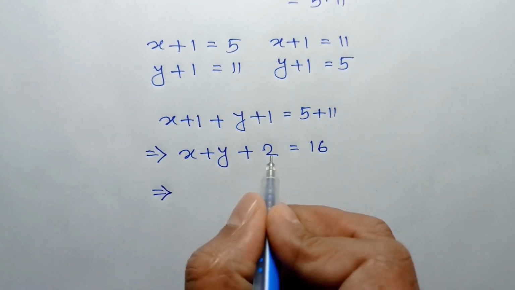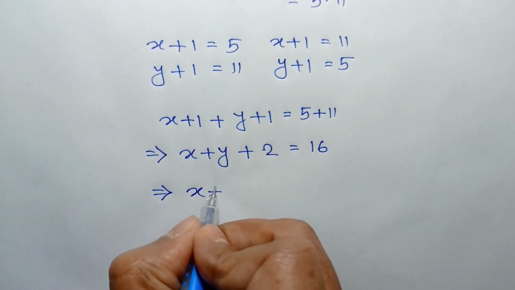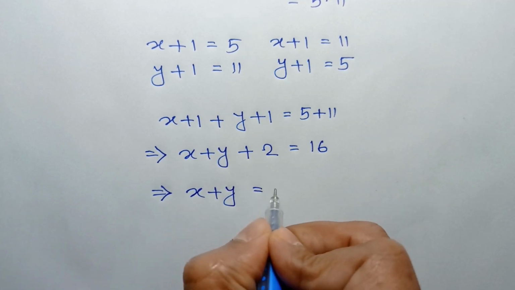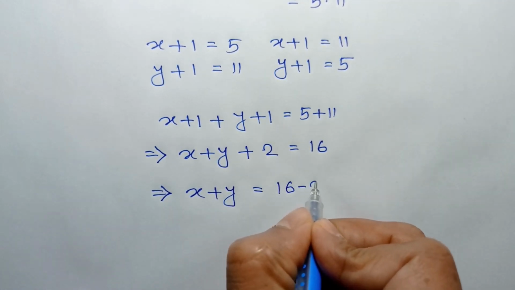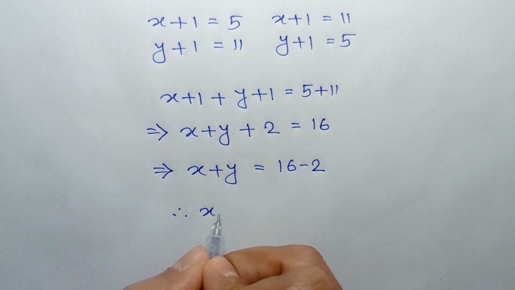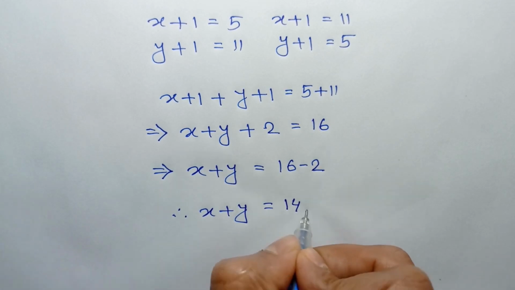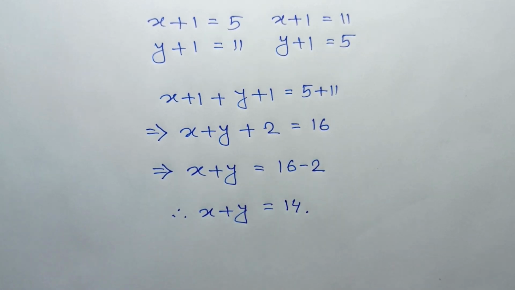Taking this 2 to the right side, we can write x plus y is equal to 16 minus 2. So the value of x plus y is equal to 14. So this is the value of x plus y.